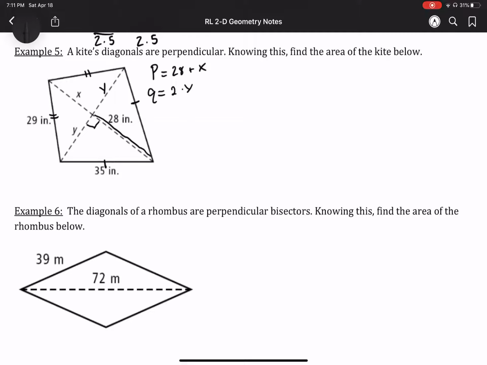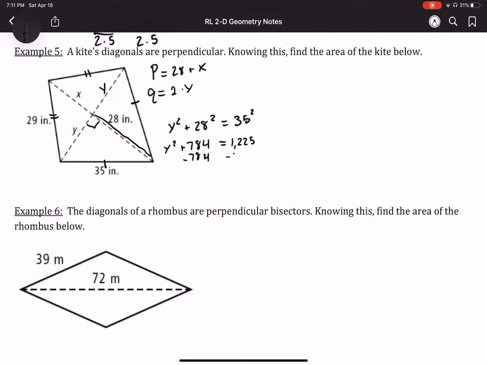I'm going to go ahead and use the Pythagorean theorem to find my Y. So I have my legs are Y in 28 inches, so I have Y squared plus 28 inches squared is equal to 35 squared. 28 squared happens to be equal to 784. And that's still added to Y squared. And 35 squared is equal to 1,225.